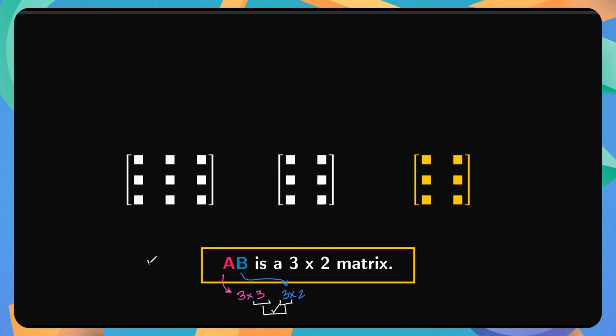If you were to do B times A, your dimensions will be 3 by 2 multiplied by a 3 by 3 matrix. Since the number of columns is not equal to the number of rows, matrix multiplication would not work if you're doing B times A. So A times B would work because of the equal number of columns with the number of rows.